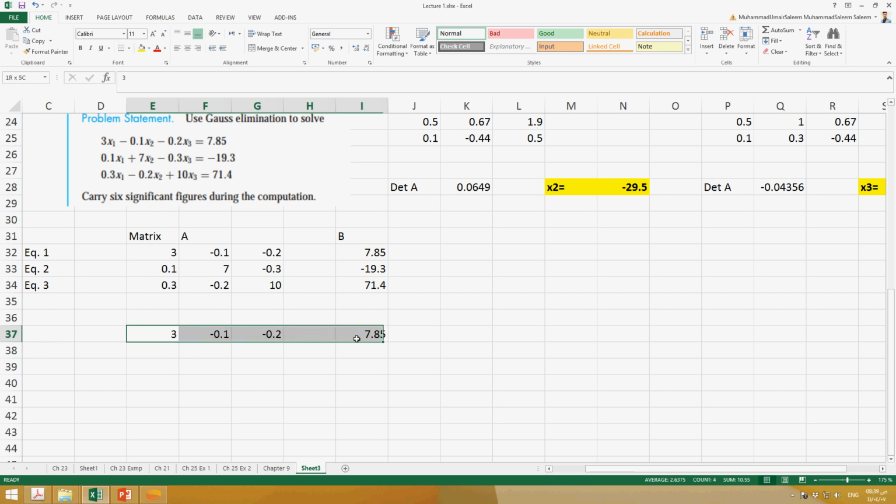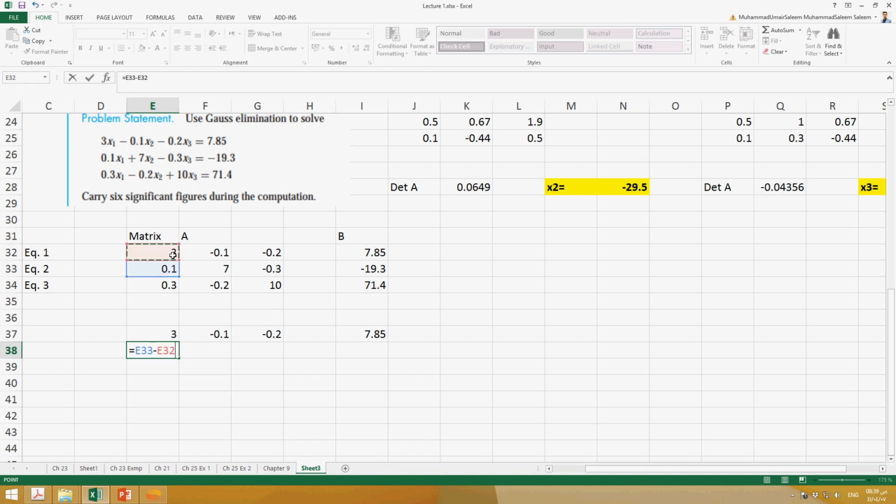Okay, so this is the first equation. It will remain as it is. So now I want to make this one 0. So how can I make this one 0? I will subtract from this equation this multiplied by 0.1 and divided by 3.